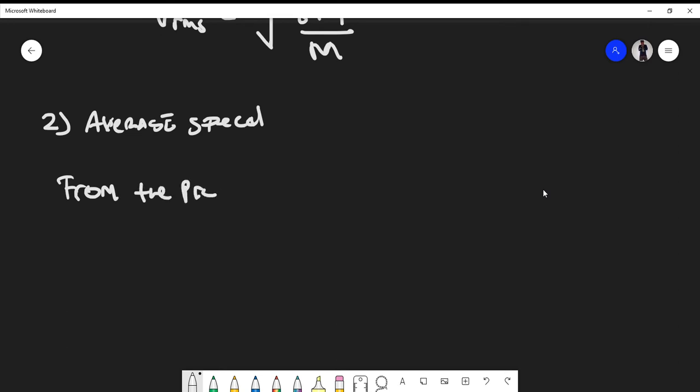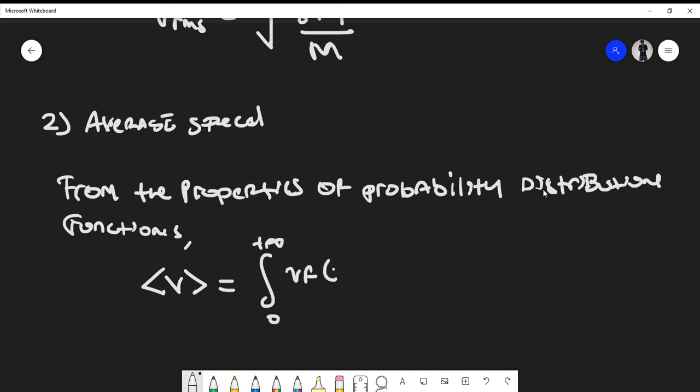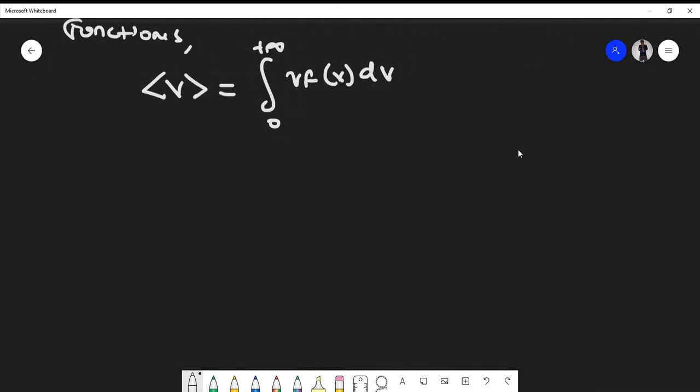So from the properties of probability distribution function, we say that the average speed, or V average, is equal to the integral from 0 to infinity of V times f of V dV. This is an integral from 0 to infinity, right? Where we did say that f of V is the Maxwell-Boltzmann distribution function, right?